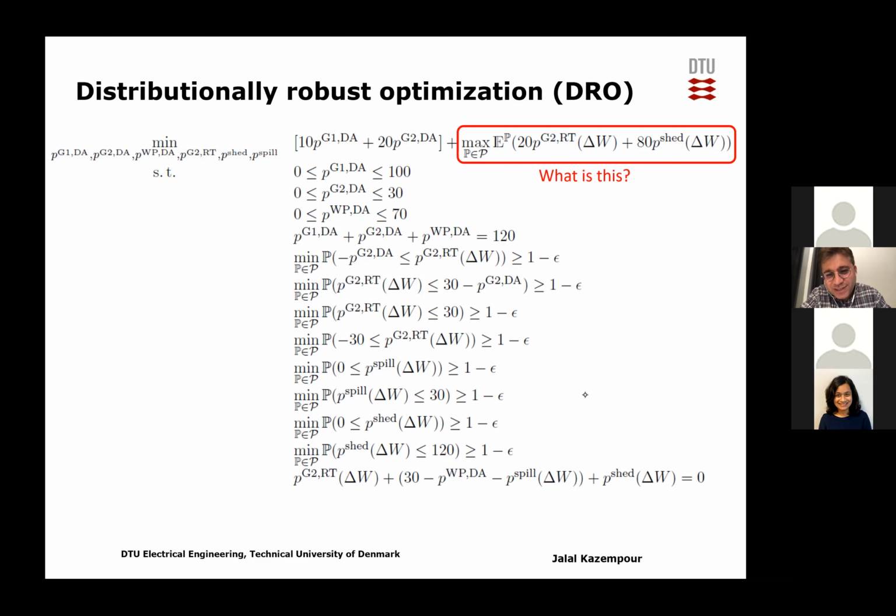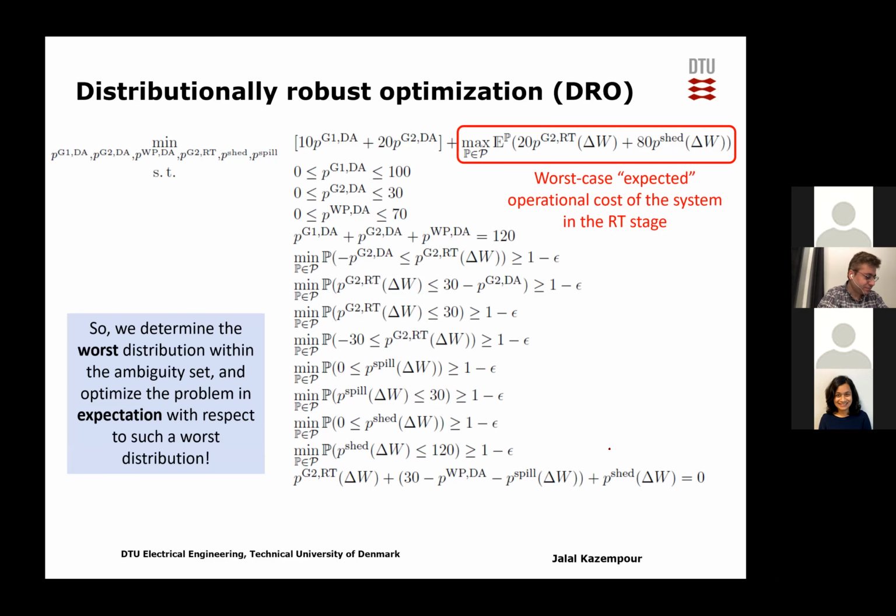Worst distribution, but also we have the expectation operator there. Thank you, Kelly. Worst case expected cost. It's the expected cost for the worst case distribution. So I call it the worst case expected operational cost of the system in real time. Expected for the worst distribution within the ambiguity set.